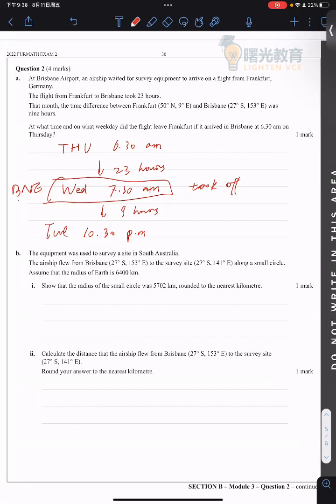So the takeoff time would be Tuesday, 10:30 p.m. at Frankfurt, Germany. Okay, this question, not even 30% of students get it. It is 1 mark again, however, it is more like common sense.